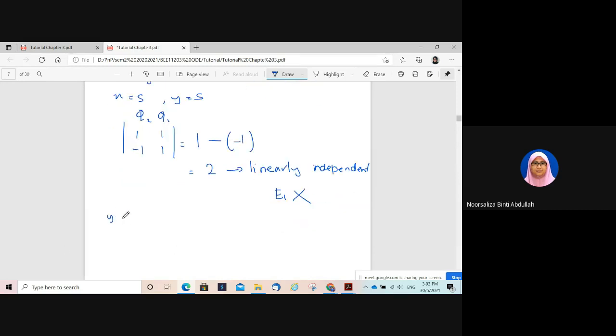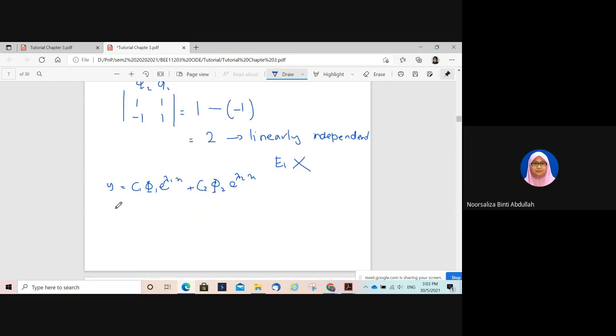y equals to C1 eigenvector 1, exponent lambda 1 x, plus C2 eigenvector 2, exponent lambda 2 x.